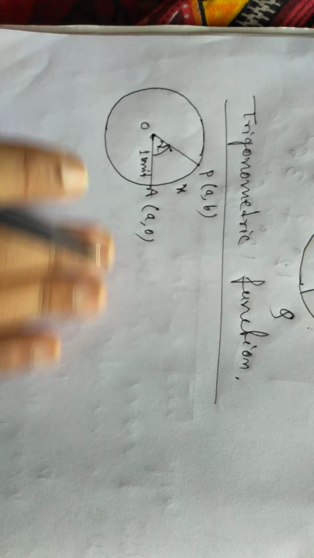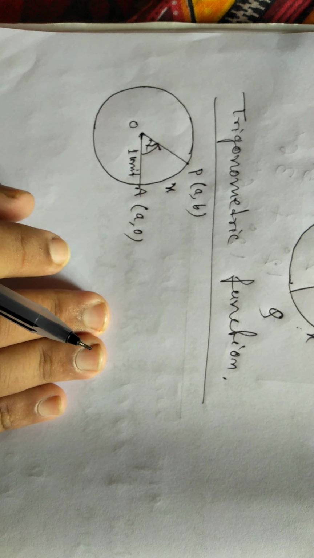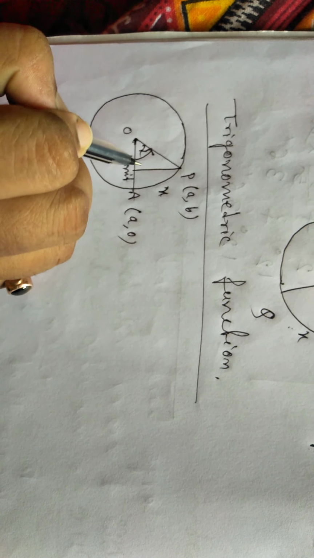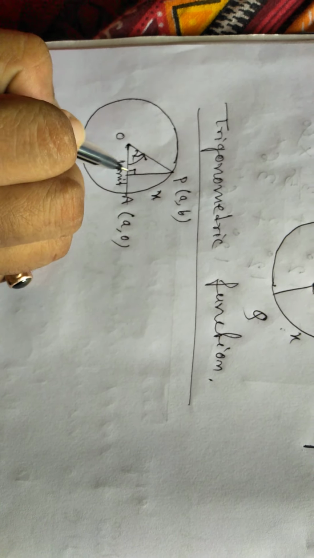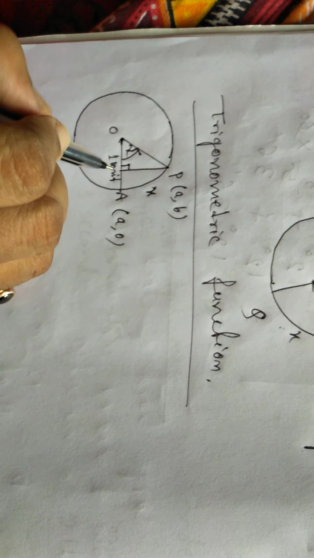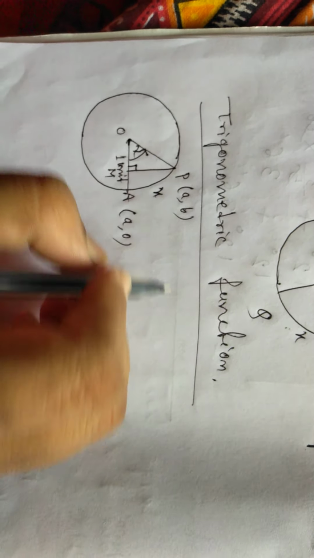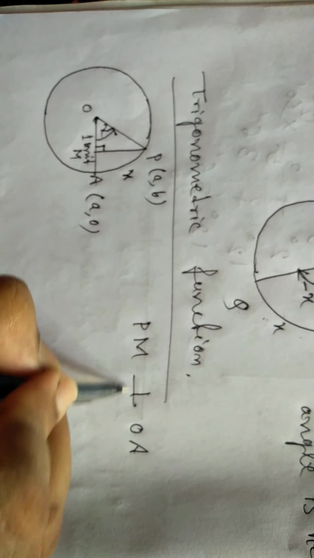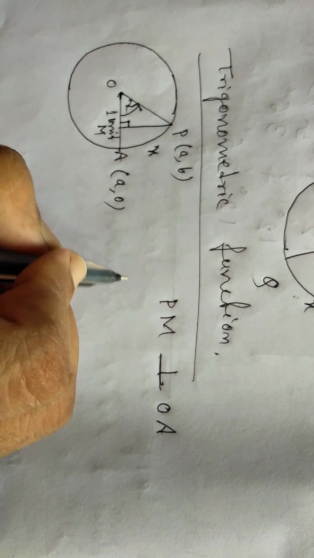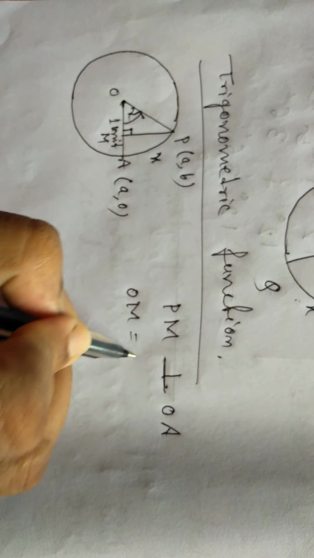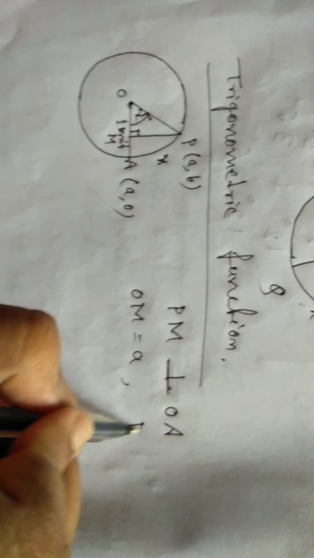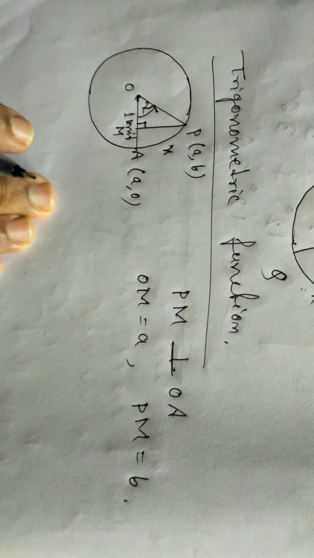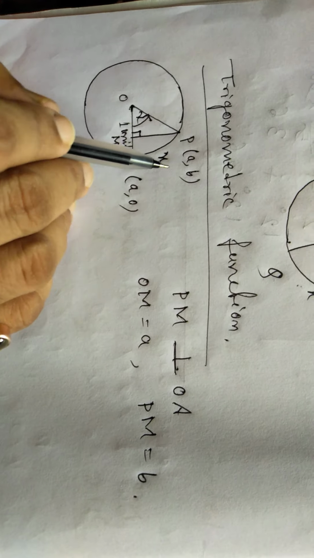Now you have to find the trigonometric functions. So draw one perpendicular here and name it M, so PM is perpendicular to OA. Then OM equals a and PM equals b, according to the graphical representation of any point.